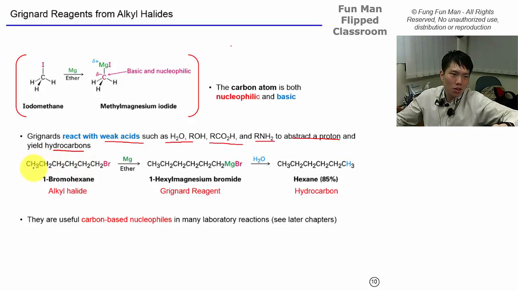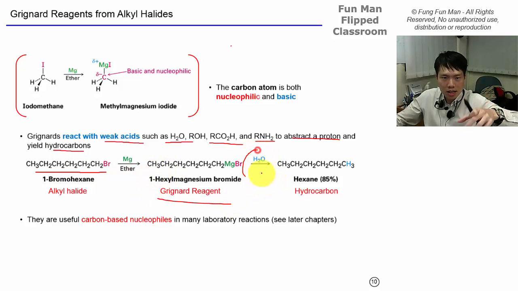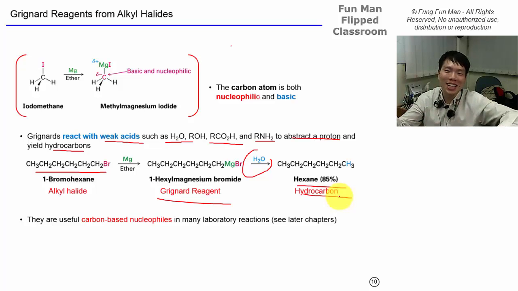So now if you throw in this haloalkane called 1-bromohexane, put some Mg and ether, warm it up, you get the Grignard reagent. Throw water inside or just give some moisture to it, you get hexane, a hydrocarbon. Very wasteful because you're trying to form alkane. You don't want to make alkane in the lab. Alkanes are supposed to be extracted from crude oil. So these are carbon-based nucleophiles in many laboratory reactions.